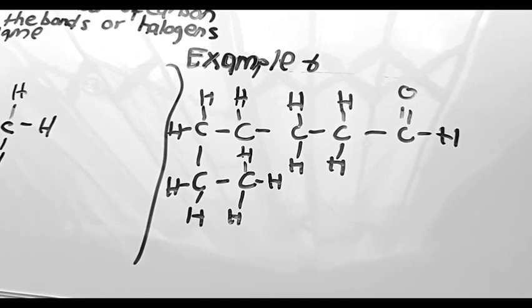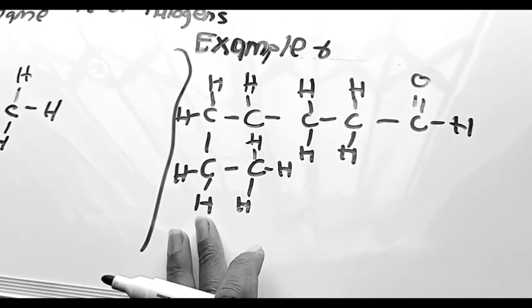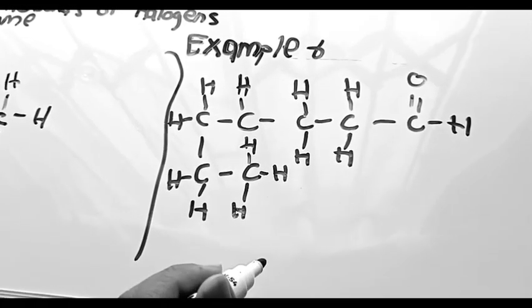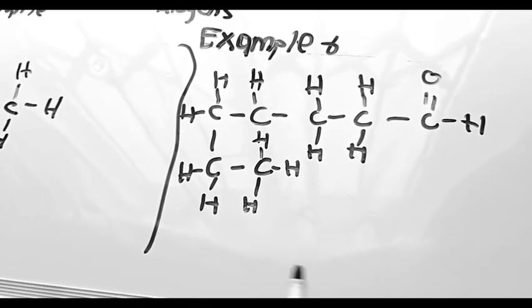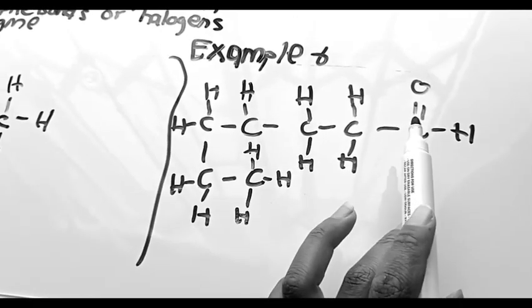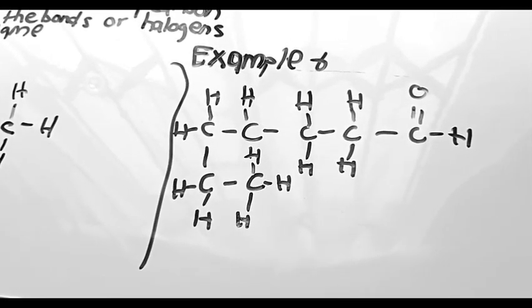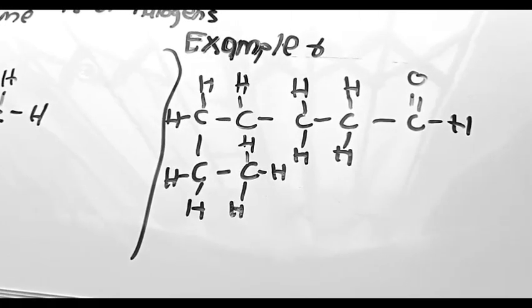So let's name this structural formula. It might seem tricky, but it's very easy, right? What I catch on this structural formula is that my double bond of oxygen is bonded on the first carbon. So already my mind clicks that it's an aldehyde, right?